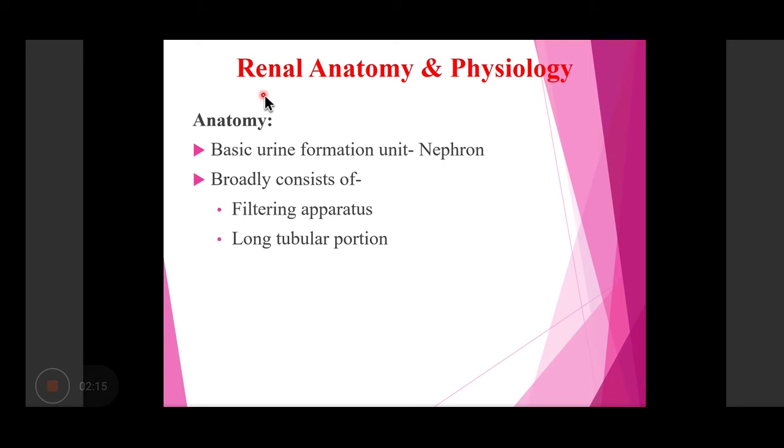The basic unit of urine formation is the nephron. And the nephron has broadly 2 parts. The first one is the filtering apparatus, which is called the glomerulus. And the second one is the many tubules that the nephron has, like the PCT, DCT, etc.